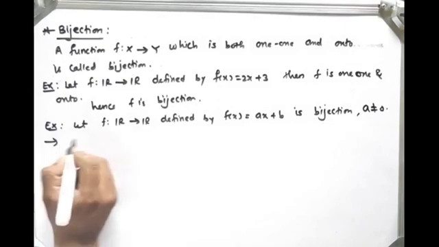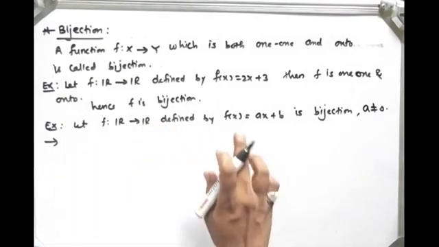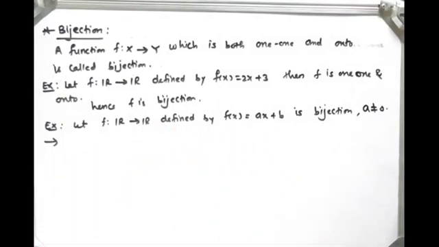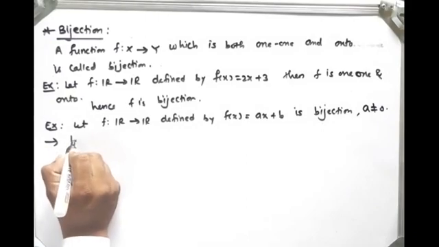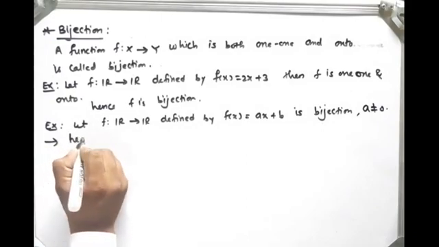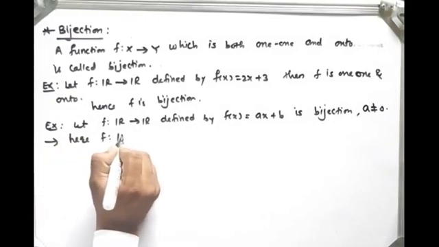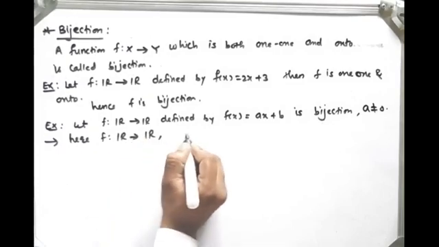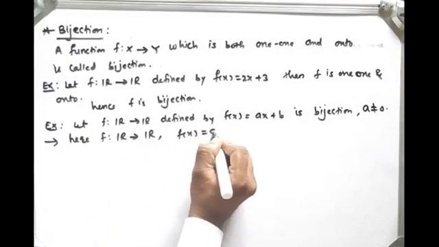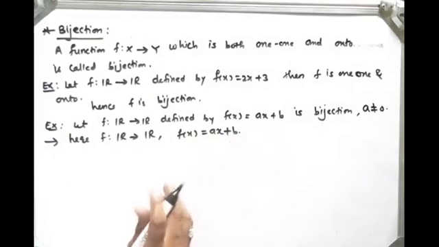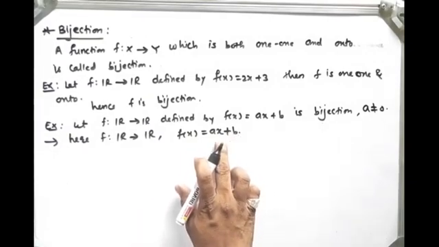So to prove this is a bijection means what, function f of x is both one-one and onto. Now here the function f is from R to R and function f of x is ax plus b.